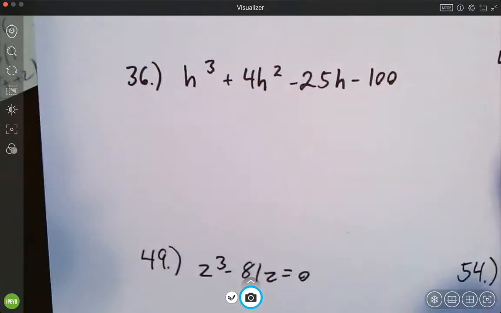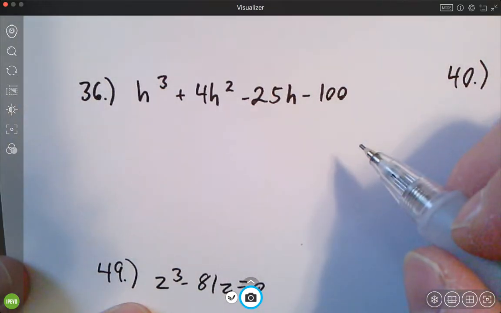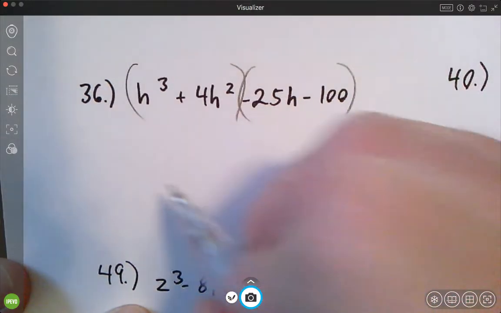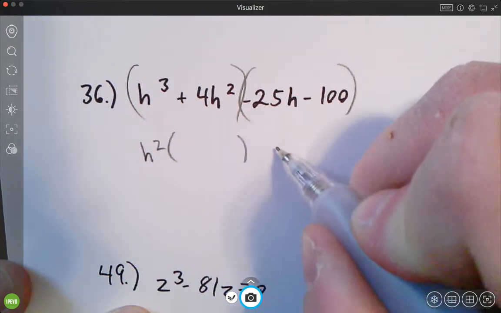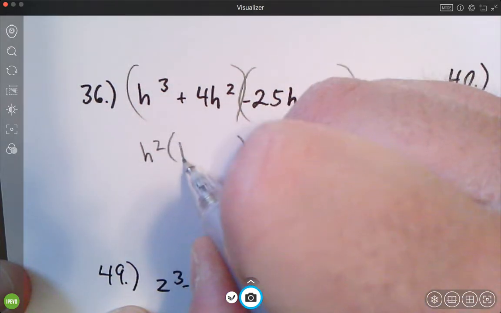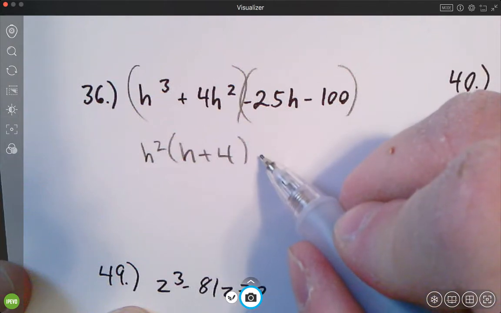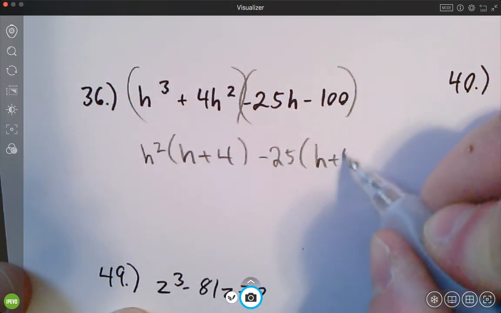Let's pick 36 here as well. If you look here, this is factor by grouping. I'll take this group and factor out an h squared, and I'm left with h plus 4. And then here I can factor out negative 25, h plus 4.